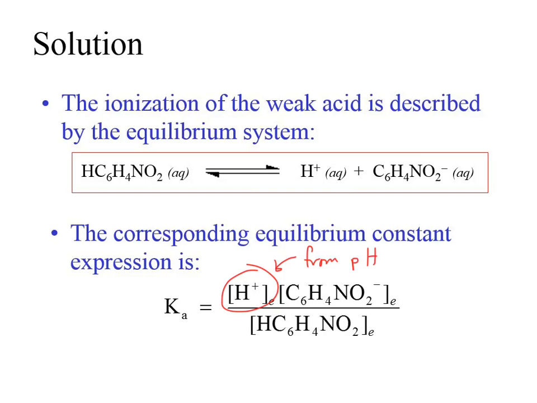Remember the pH was given? So basically, that is our equilibrium hydrogen ion concentration from our pH. Because remember, you can take what? 10 raised to the negative pH and get the hydrogen ion concentration. That's exactly what we're going to do. And to me, like I said, I think an ICE table is going to be good for this one.